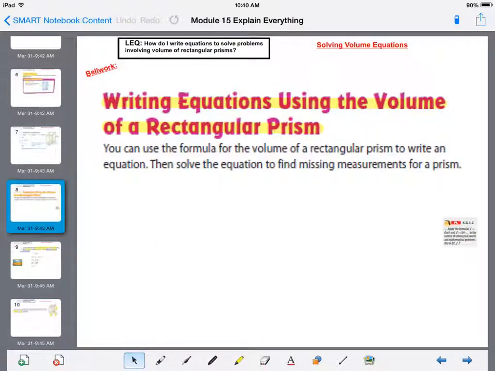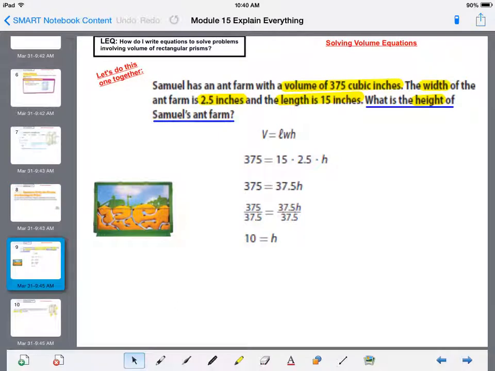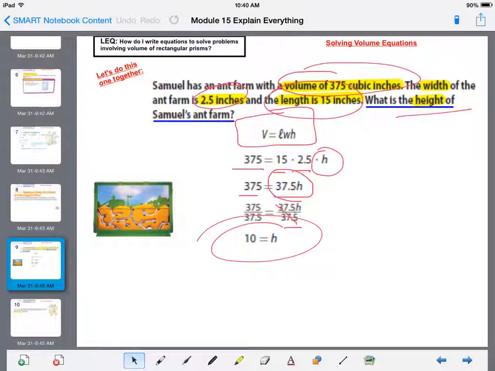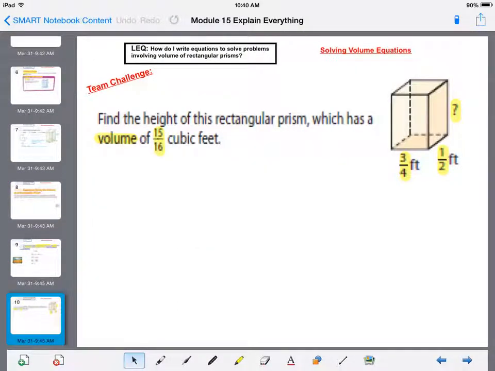When you write equations using the volume of a rectangular prism, you can use the formula to write the equation, and then you can solve the equation to find missing measurements for a prism. To find the missing side here, we have a volume of 15/16.